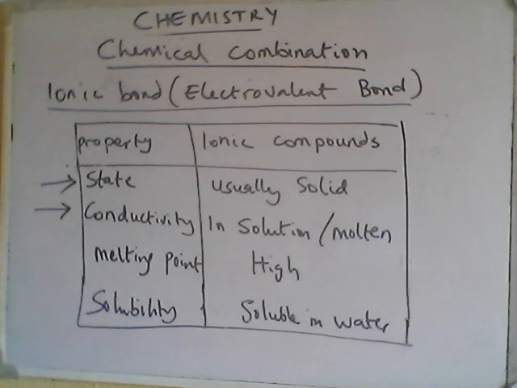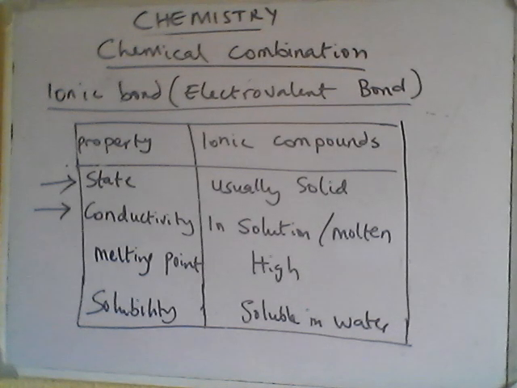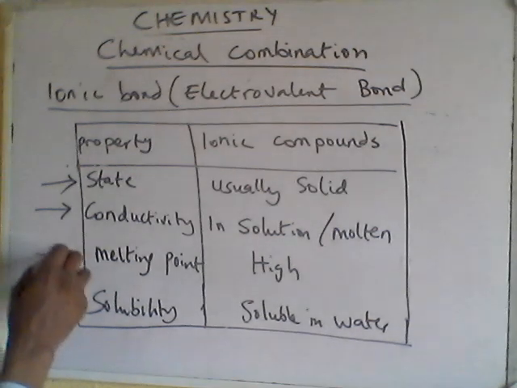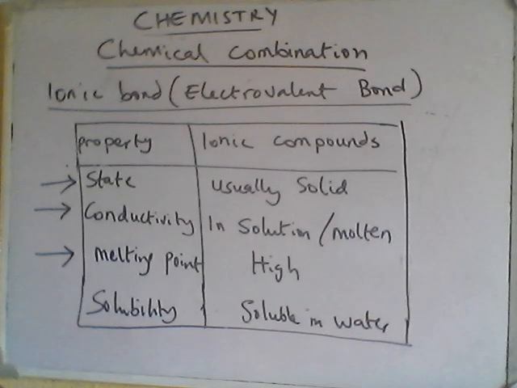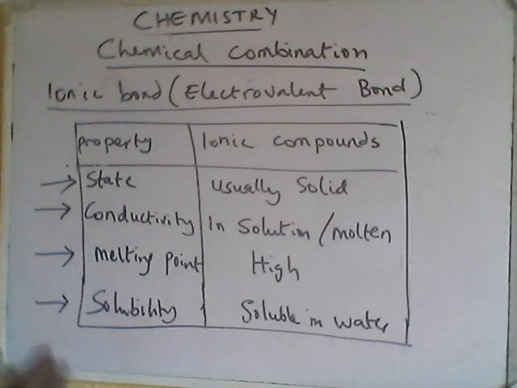So when it wants to conduct, it has to be in this form. The melting point is very high. Solubility is the ability to dissolve in water easily, and it is very soluble in water.